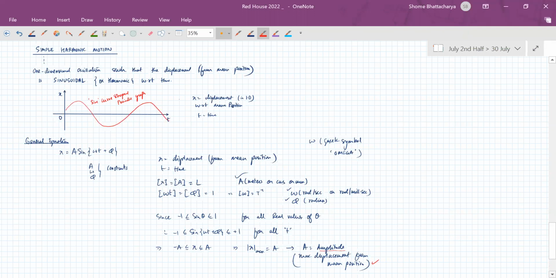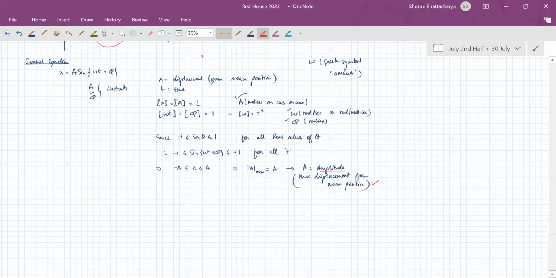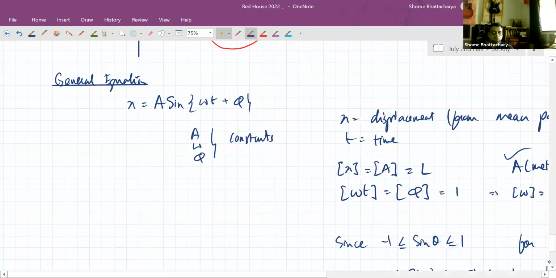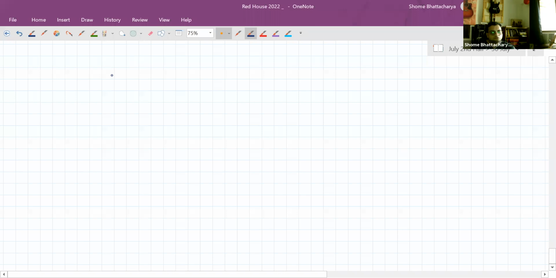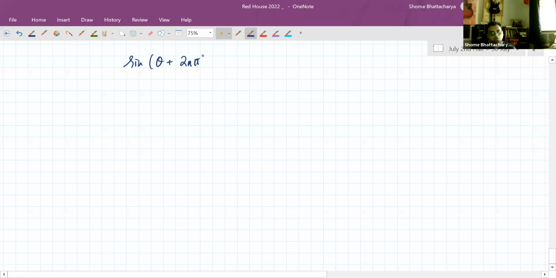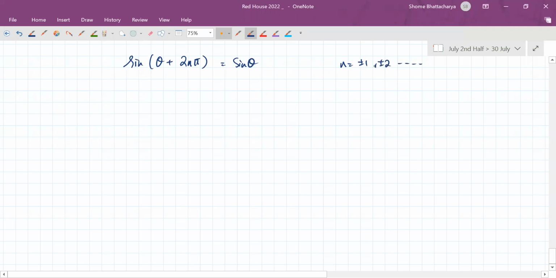Yes, sir. And now just the final thing, the significance of omega. So we know that sine of theta plus 2n pi in general is equal to sine theta, where n is plus minus 1, plus minus 2, can be 0 also for that matter.